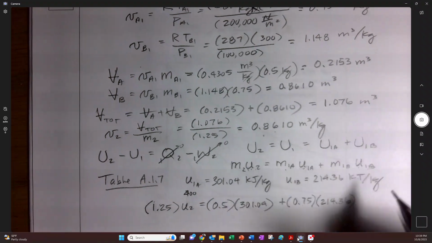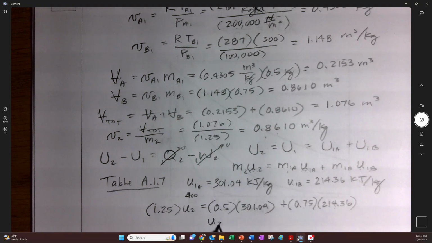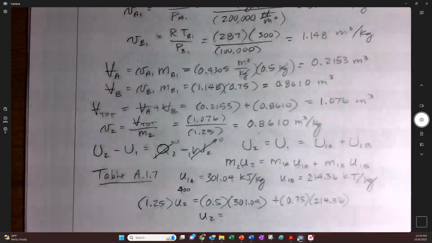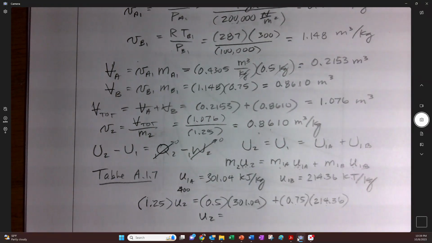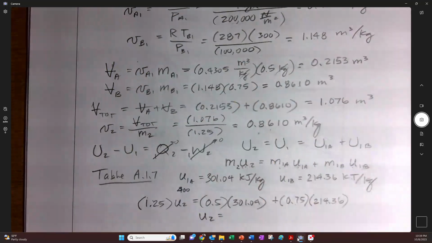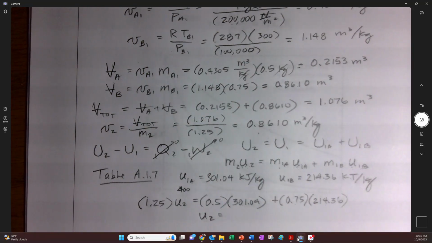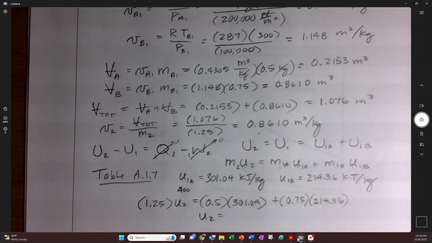Okay. So the U2 we're predicting here. Remember, this is conservation of energy right here. This was conservation of mass up here. Conservation of energy in a most basic form, but it's a basic example.